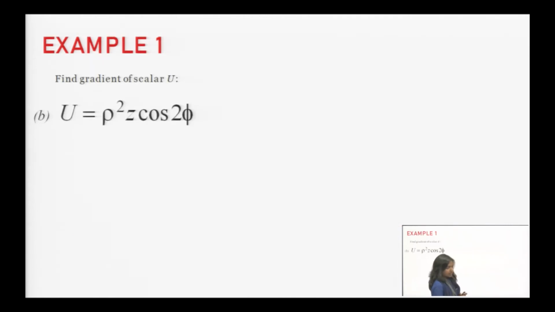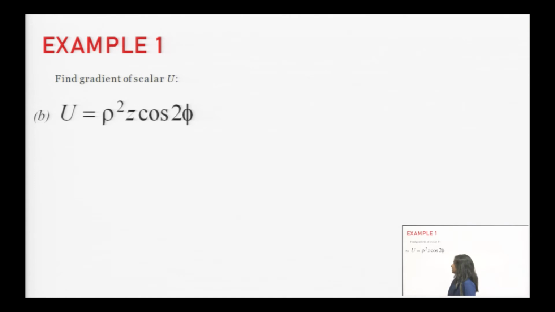Now let us see, as we have three coordinate systems to learn, this example is given in Cartesian coordinates. How to find whether the function is given in Cartesian, cylindrical or spherical? By seeing these quantities.